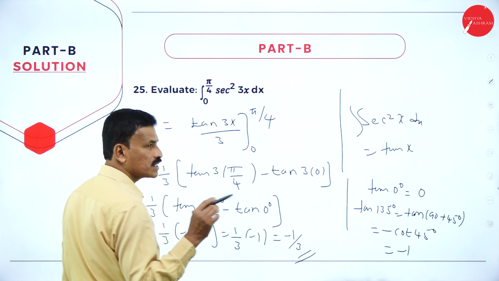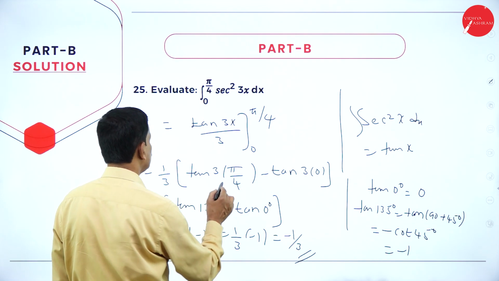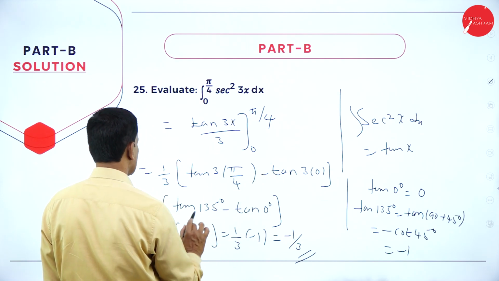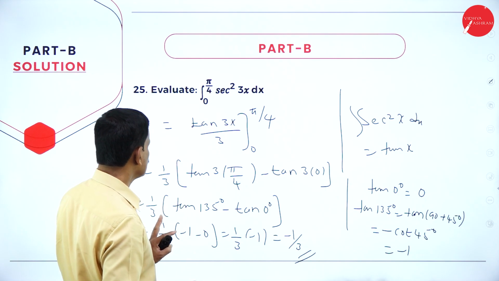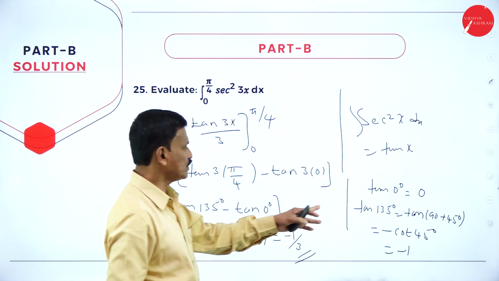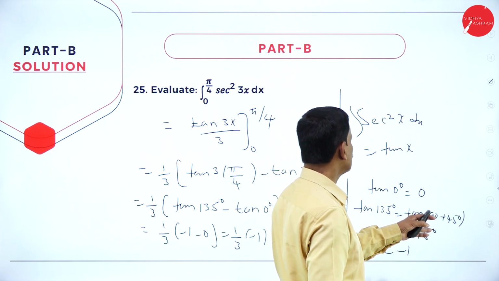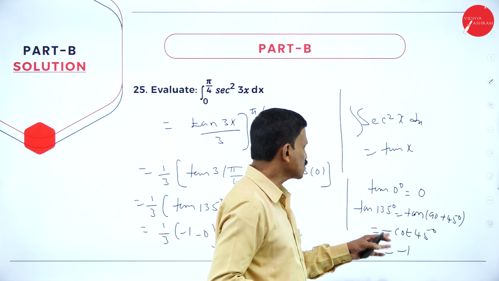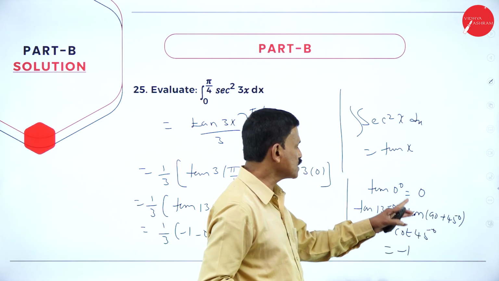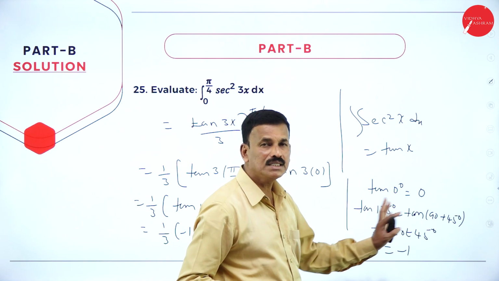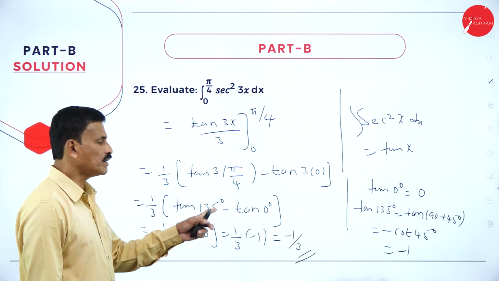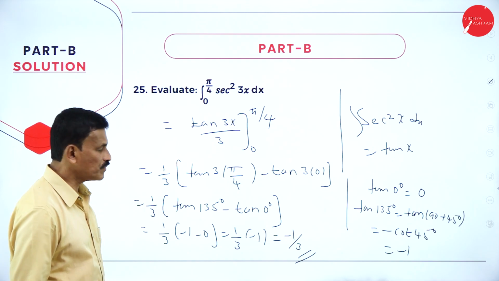Tan pi by 4 means 45 degree. 45 into 3 is 135 minus tan 0. Tan 0 is equal to 0. What is tan 135? Tan 135 can be written as tan 90 plus 45. Tan 90 plus theta is minus cot theta, so minus cot 45, because in second quadrant tan is negative. 1 by 3 into minus 1 is minus 1 by 3 is the simplified answer.